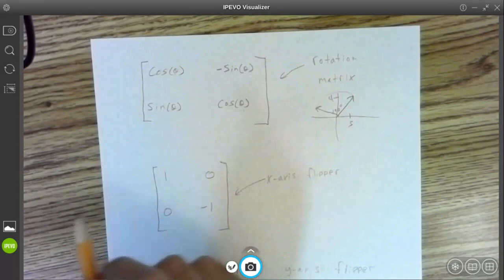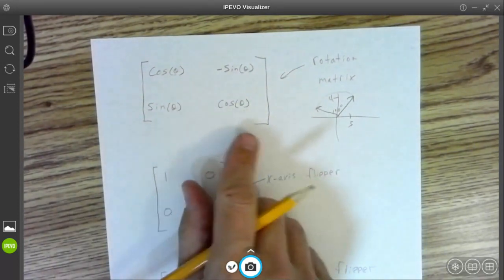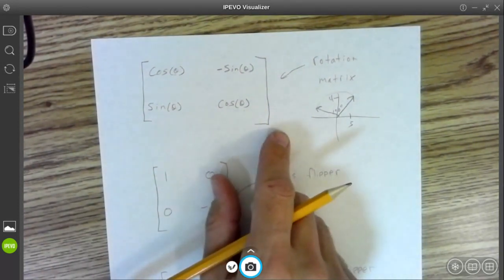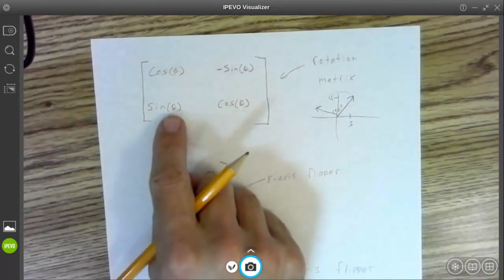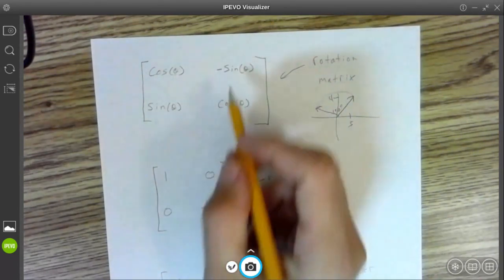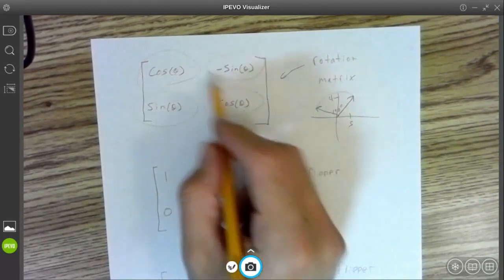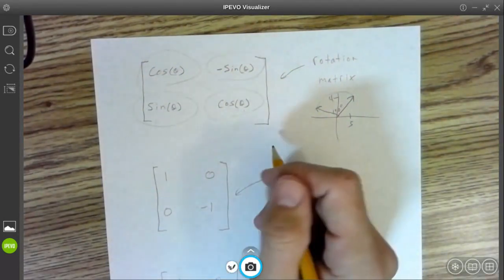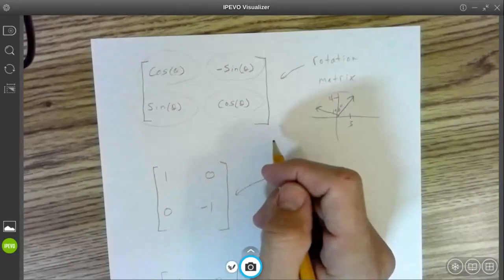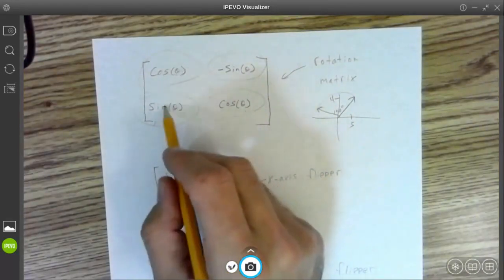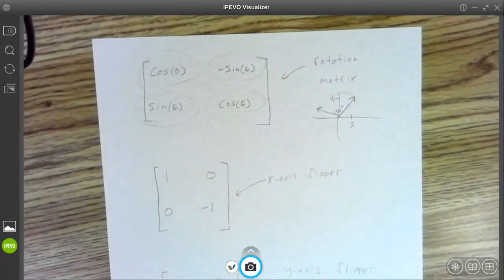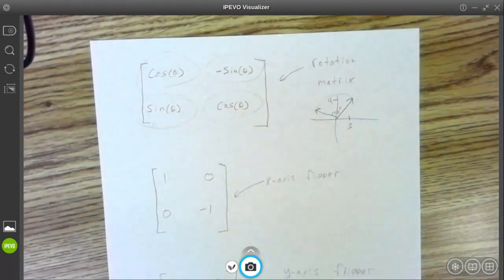Spoiler alert. Anyway, but whatever angle you want to rotate it by, let's say it's 45 degrees, you would plug 45 in for all these, and these four values are actually going to be a number. All right, it's going to be like root 2 over 2 for all 3 of these, and then negative root 2 over 2 for this one.